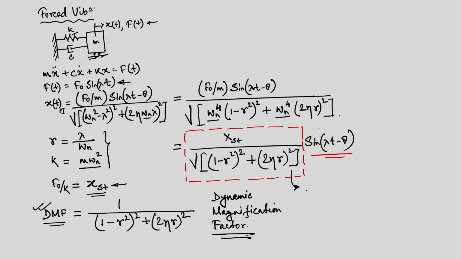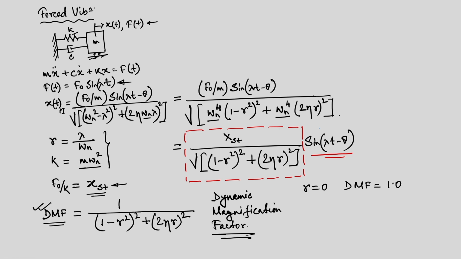But before we plot, let us see what is the nature of the dynamic amplification. Now, just imagine if we have r equal to 0, then what will happen? If I put r equal to 0, obviously dynamic magnification factor will be what? DMF is equal to, if you can estimate, obviously this will be 1.